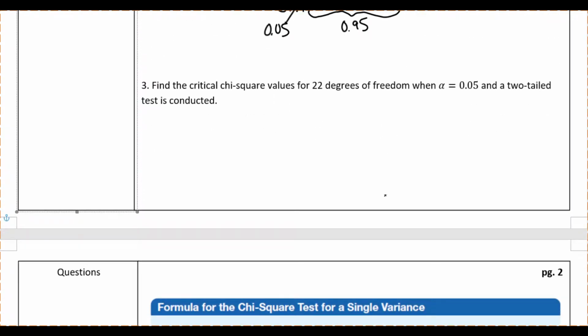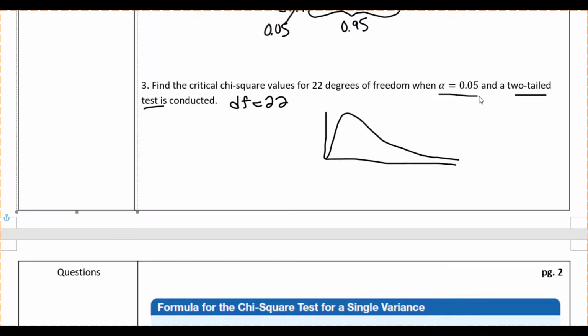This time we're looking at a two-tailed test with a df of 22. So again, since we're doing a two-tailed test, what we need to do is split the alpha among two tails.